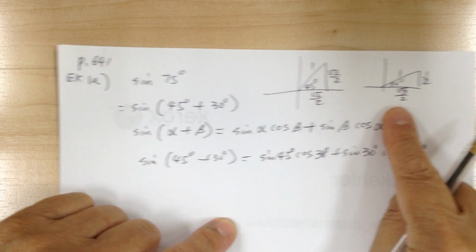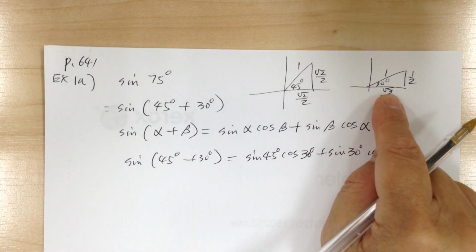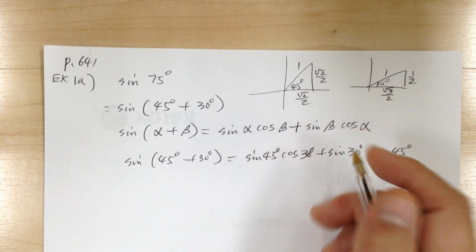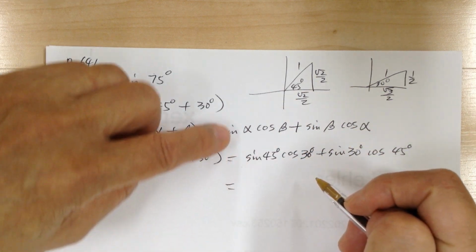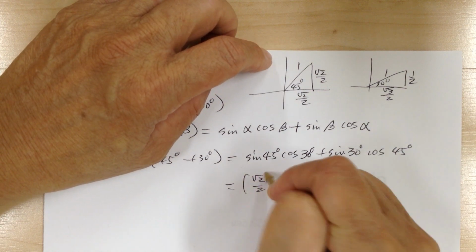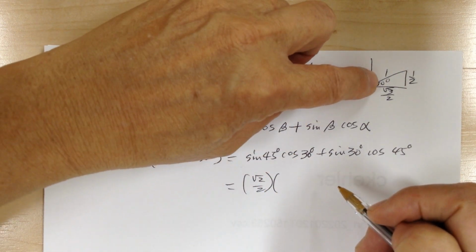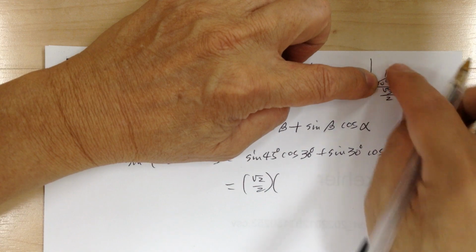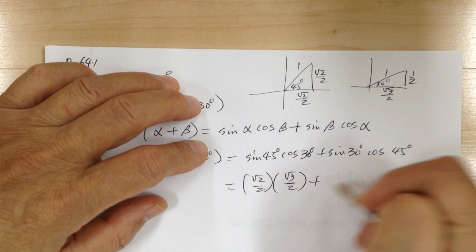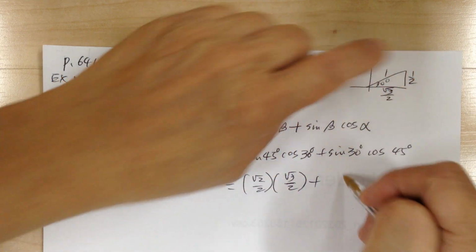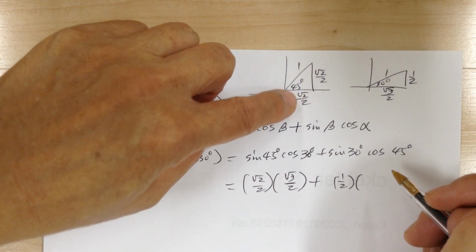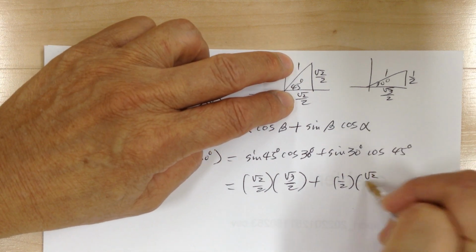These are the special triangles you need to know because trigonometry is based on them. So sine of 45 is square root of 2 over 2. Cosine of 30, you look at the triangle, cosine would be adjacent over hypotenuse, square root of 3 over 2. Sine of 30 would be 1/2. Cosine of 45 would be square root of 2 over 2.